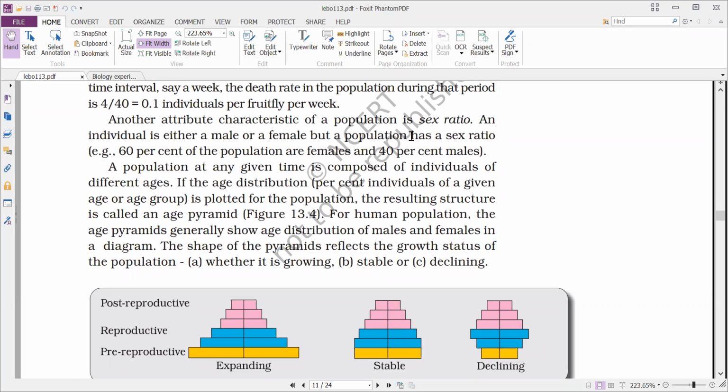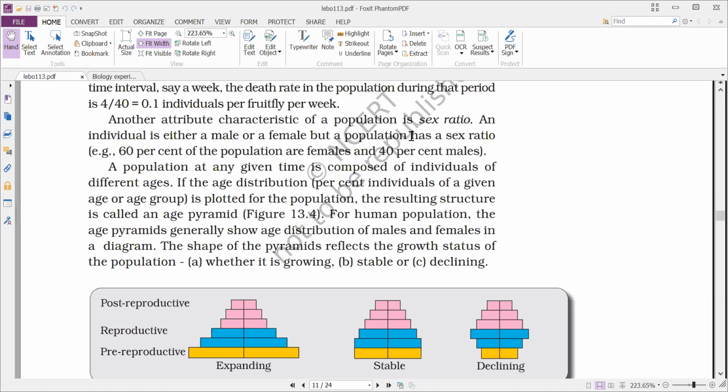When it is undergoing sexual reproduction, it is called the reproductive age. And the period after the organism cannot undergo sexual reproduction, we call the post-reproductive age. So we have the pre-reproductive age, reproductive age, and post-reproductive age.